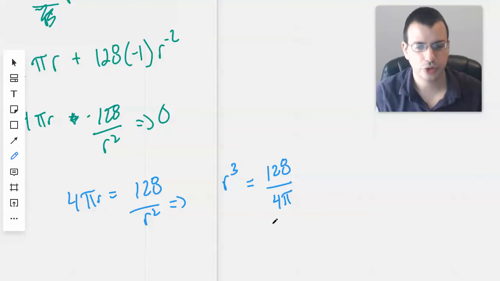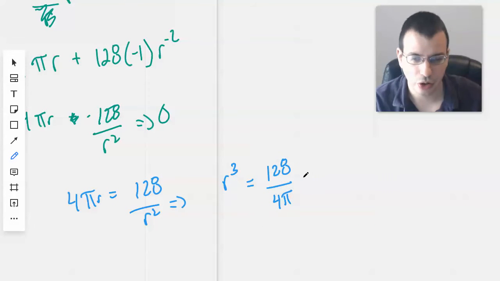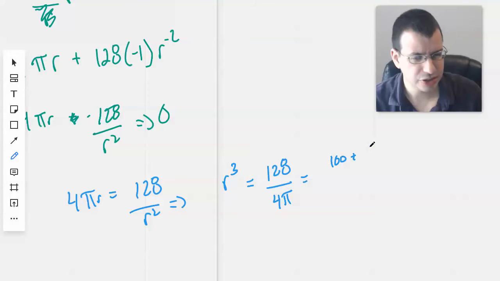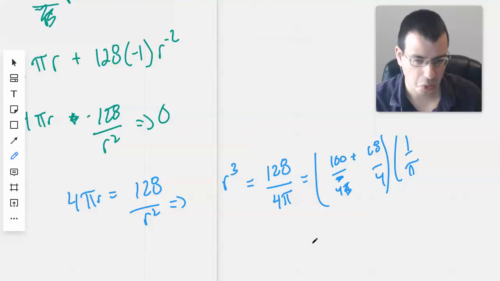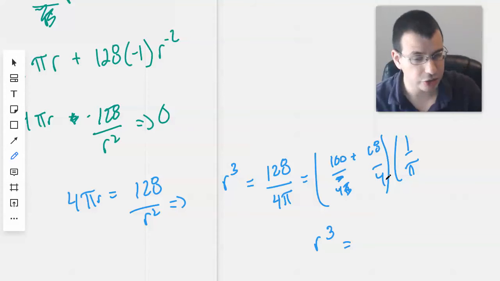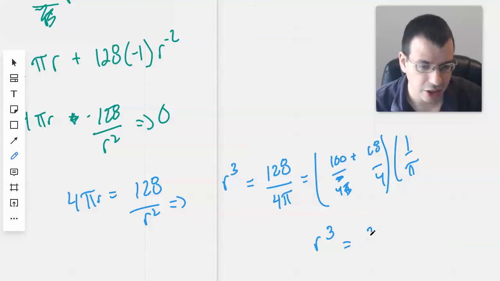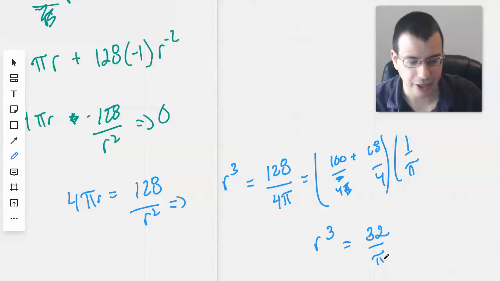I wonder what 128 divided by 4 is. 100 plus 28 over 4 is 25 plus 7, 32. So let's say 32 over pi.